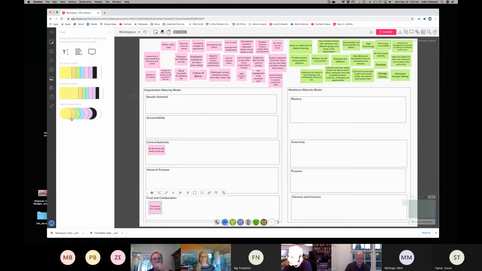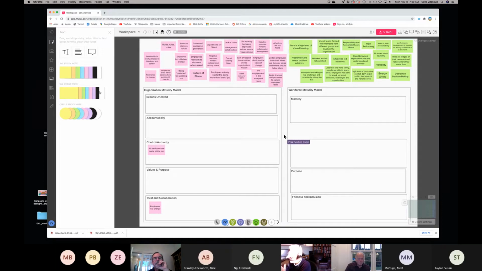The idea is that in the workshop we're preparing for, people will be able to take a sticky note, or take a pink one, and put it wherever, so that we can collaboratively define the characteristics of maturity. We're going to start with just levels 1 and 5 because it's a lot simpler. We can always talk about stuff in between.